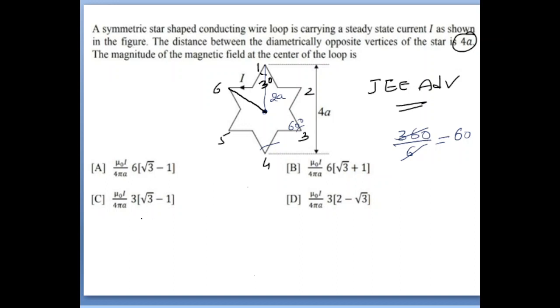First, what is the formula for this question? In Biot-Savart law applications, we use this formula: the magnetic field at the center is mu naught by 4 pi, I by R, where R should be perpendicular distance, times sine alpha plus sine beta.